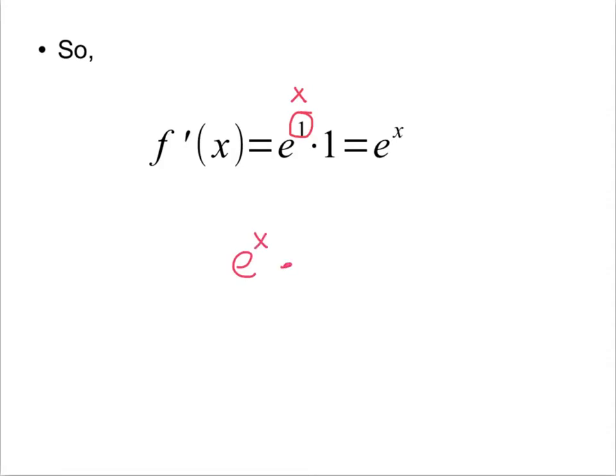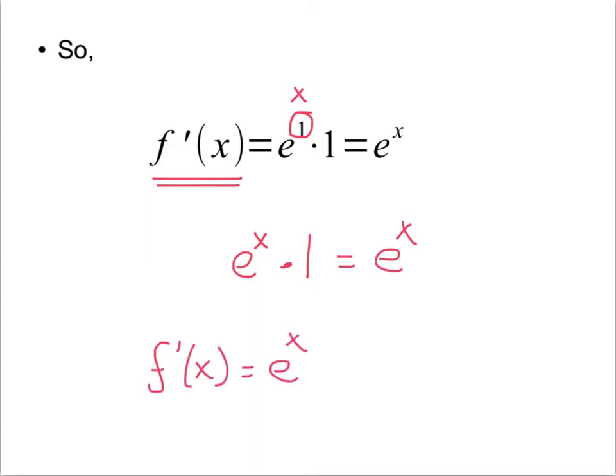And then we found out that the limit value was 1. So e to the x times 1 is e to the x. And so that's where this formula for the derivative came from. The bottom line is if f of x equals e to the x, then f prime of x is also e to the x. This is a formula for the rate of change at given values of x.